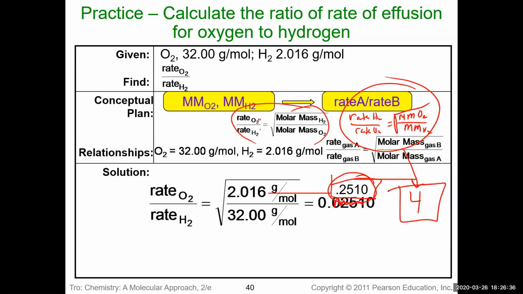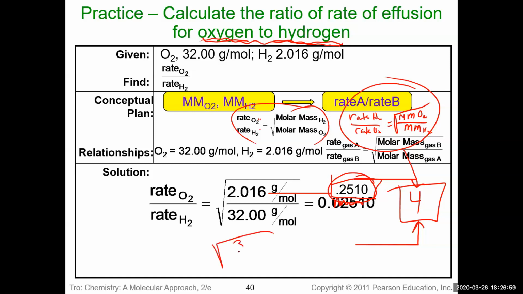But in the beginning, you need to remember, the question was oxygen to hydrogen. Oxygen is heavier than hydrogen, therefore it should move slower than hydrogen. If your answer was 4, that means you're saying that oxygen is moving 4 times faster than hydrogen, which is not possible. So you have to go, oh no, I flipped my answers.